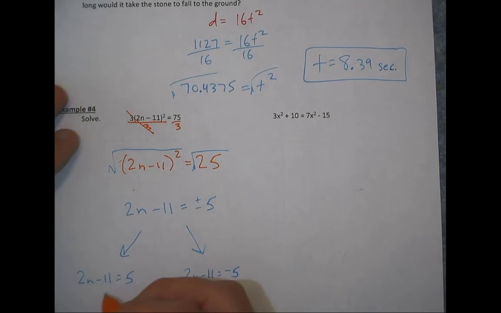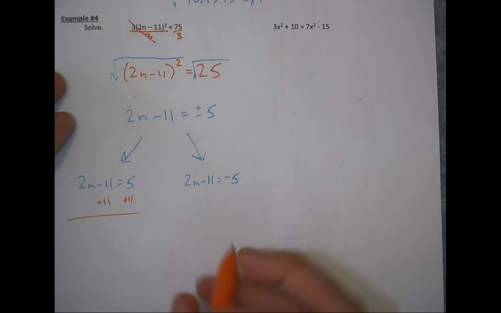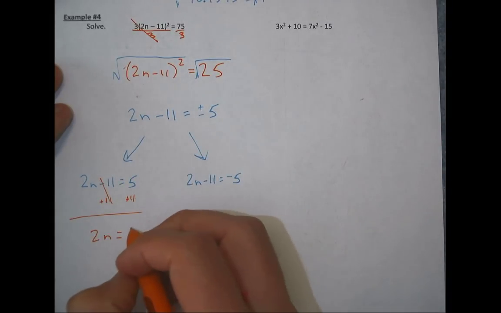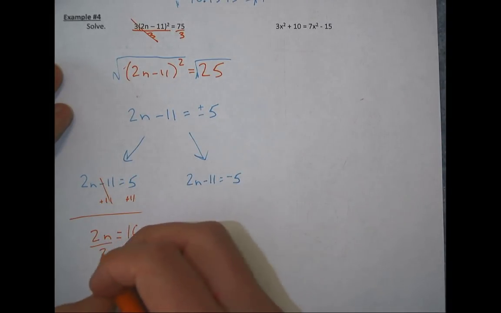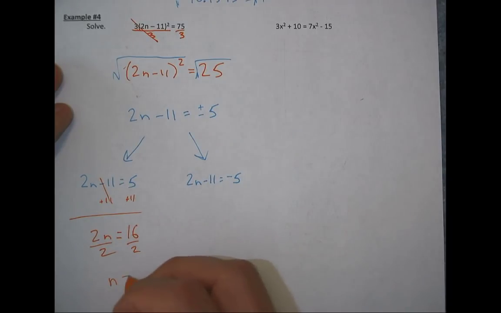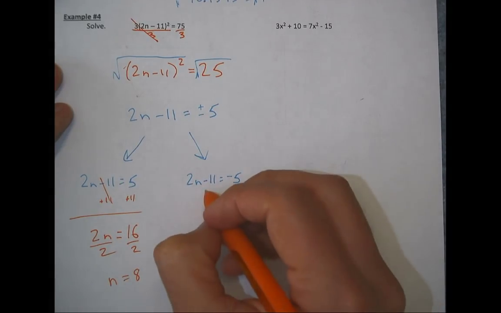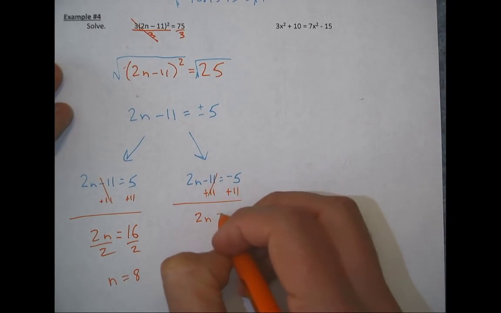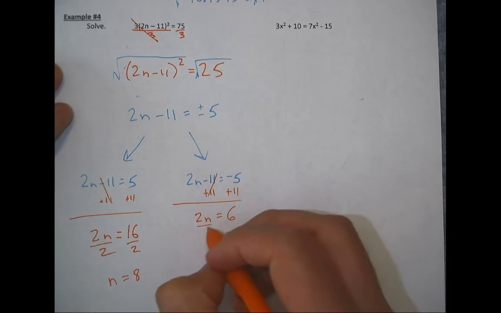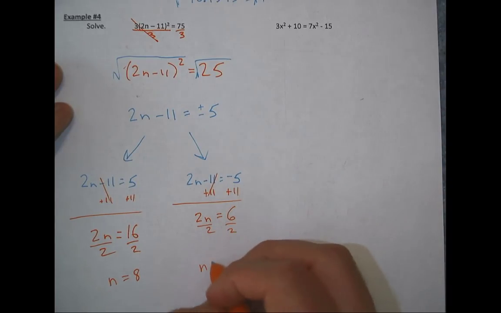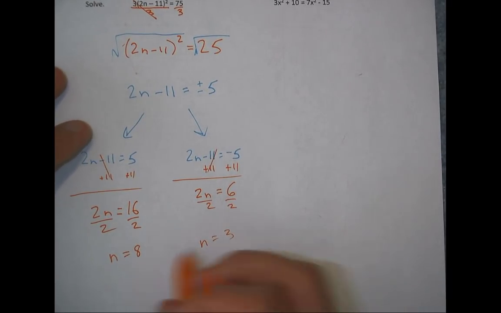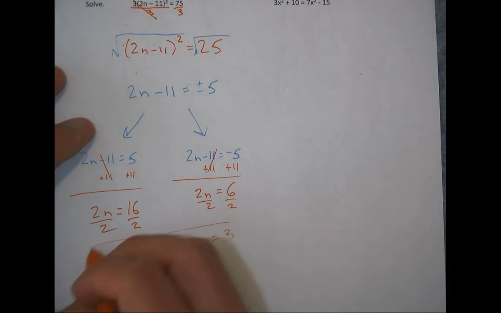All right, so the first one, nice and easy. n equals 8. Over here, n equals 3. So these are your two possible answers.